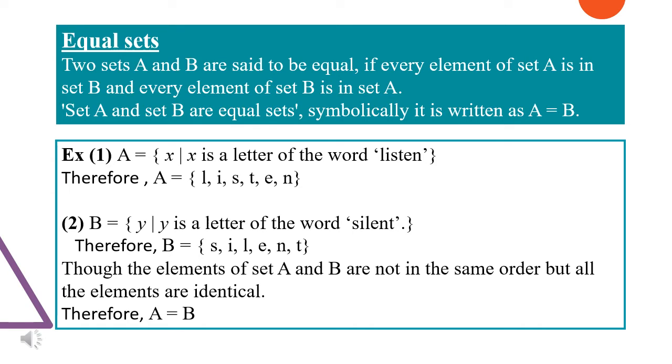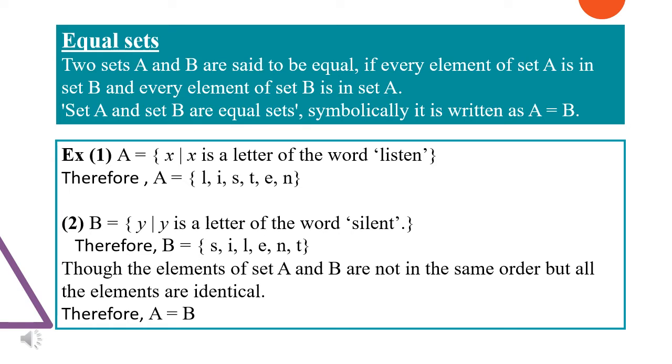Example 1, A is equal to x such that x is the letter of the word listen. Now here which letters are there in the word listen? Therefore A is equal to L, I, S, T, E, N. Okay. So these are the letters in the word listen.